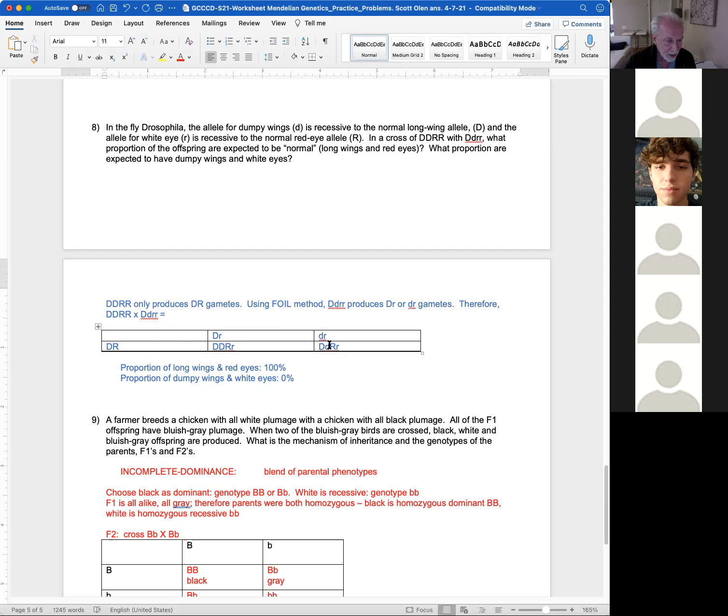Big D, big R, little r, again would have long wings because of the dominant allele at D, and red eyes because of the dominant allele at R. So the answer to the question, what proportion of the offspring are expected to be normal? It would be 100%. And what proportion are dumpy and white? 0.